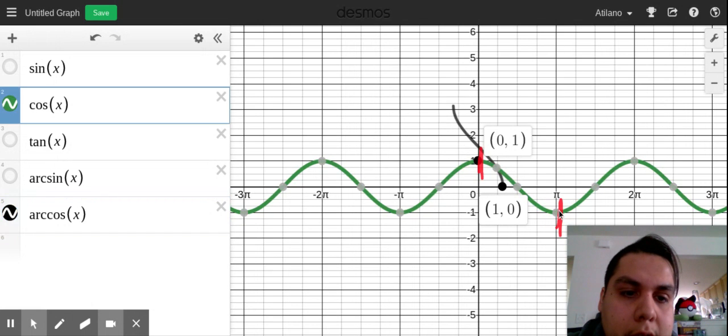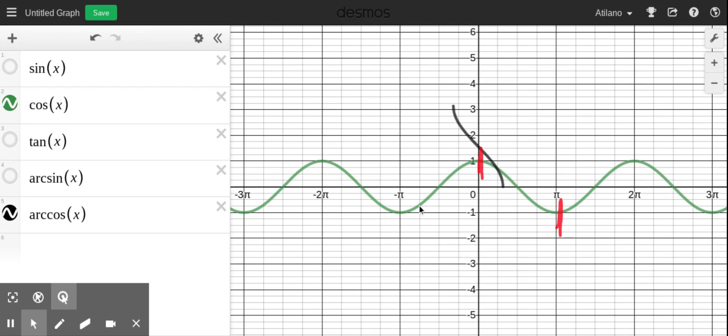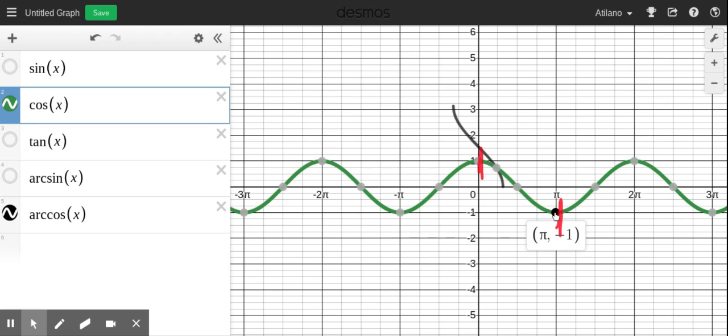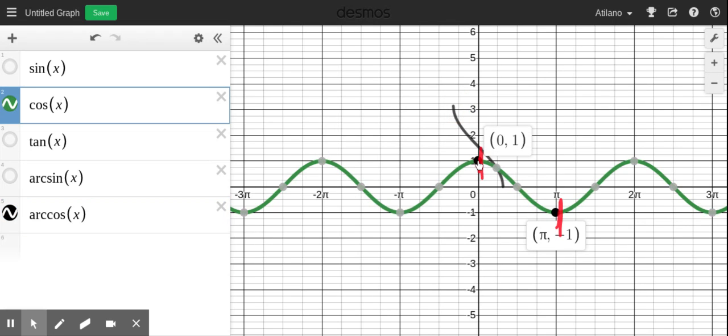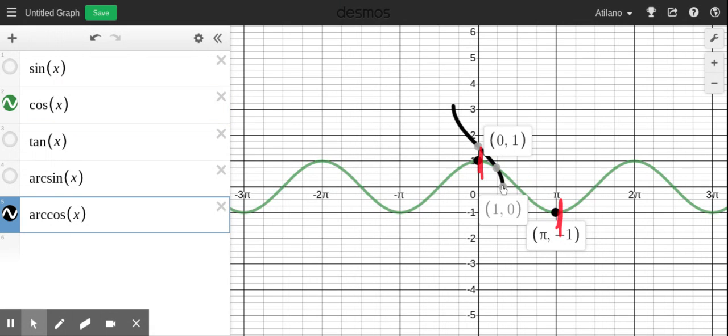It takes pi, negative 1 to negative 1, pi, right? Inversed right here. Inversed there as well. So they took that stretch and they just inversed it to create arc cosine in the black.